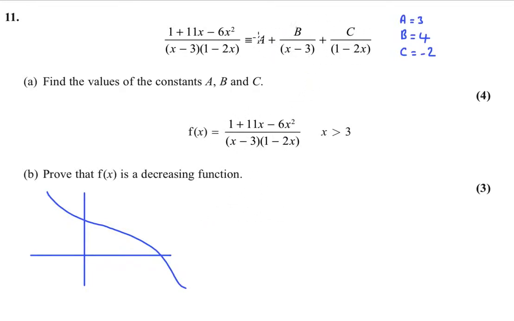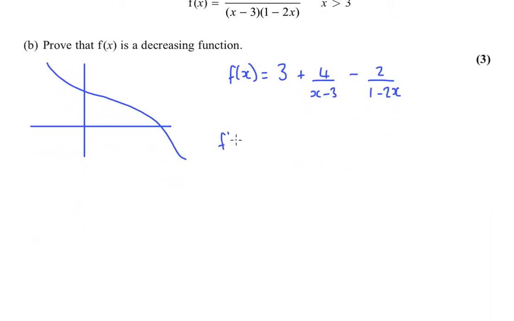I'm going to do it of the function we've found as the equivalent function for this f of x function using the values we've got from part A. So f of x is also equal to 3 plus 4 over x minus 3 minus 2 over 1 minus 2x. That's going to be quicker to differentiate than this.